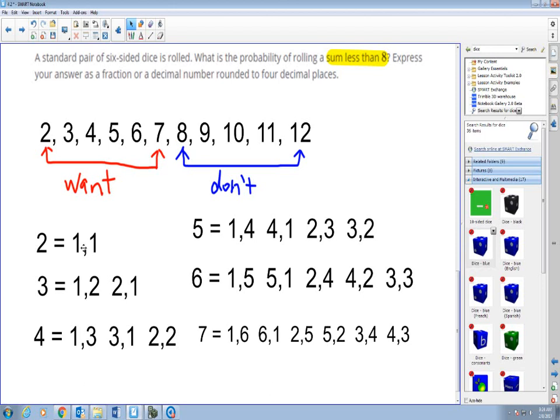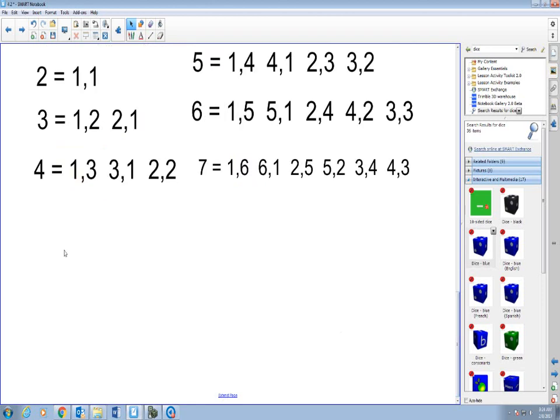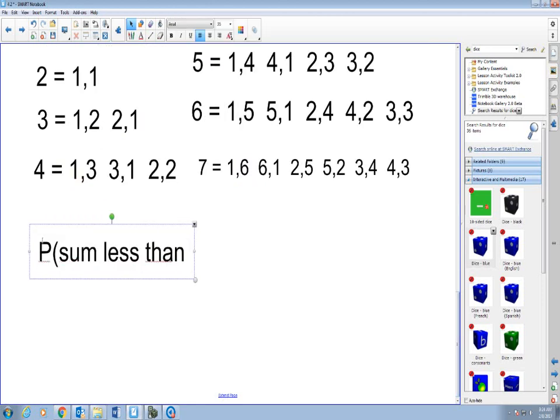Alright, let's count them. 1, 2, 3, 4, 5, 6, 7, 8, 9, 10, 11, 12, 13, 14, 15, 16, 17, 18, 19, 20, 21. Alright, so that means the probability of a sum less than 8 will be 21 ways to roll a sum less than 8, out of my total possible outcomes.